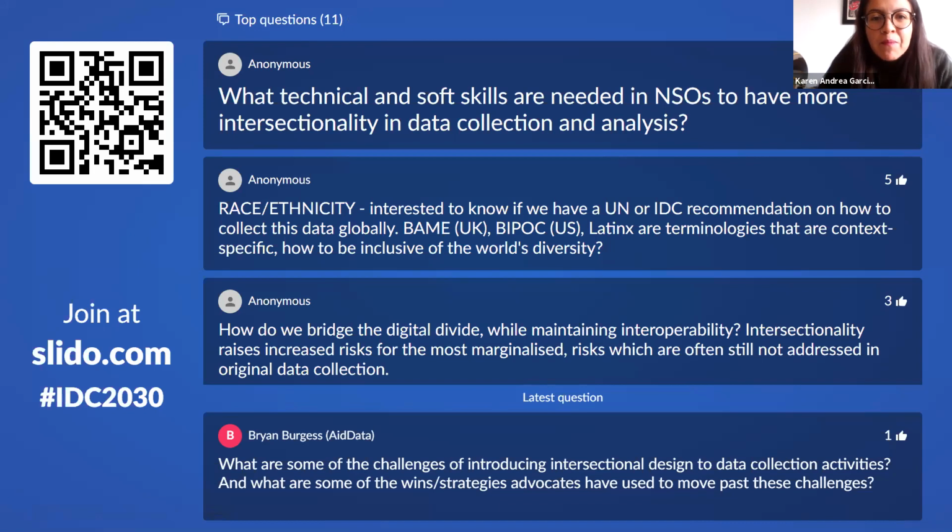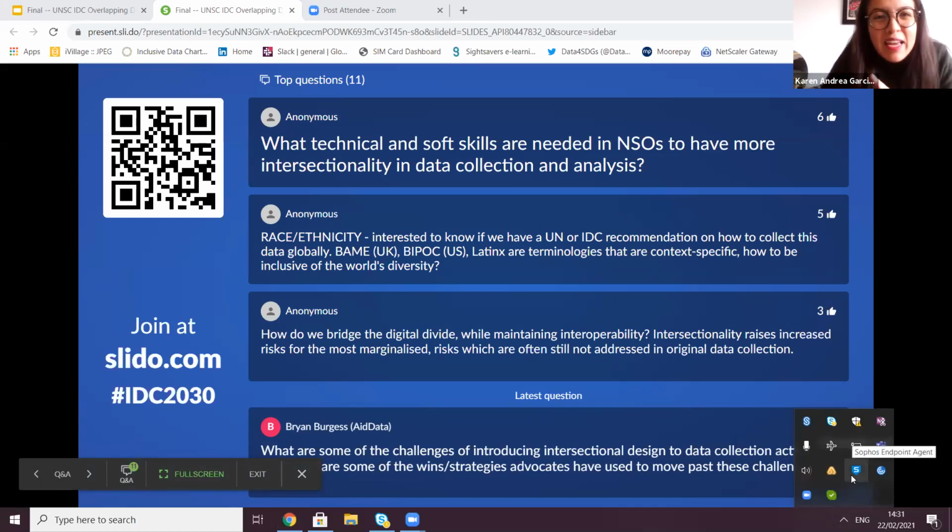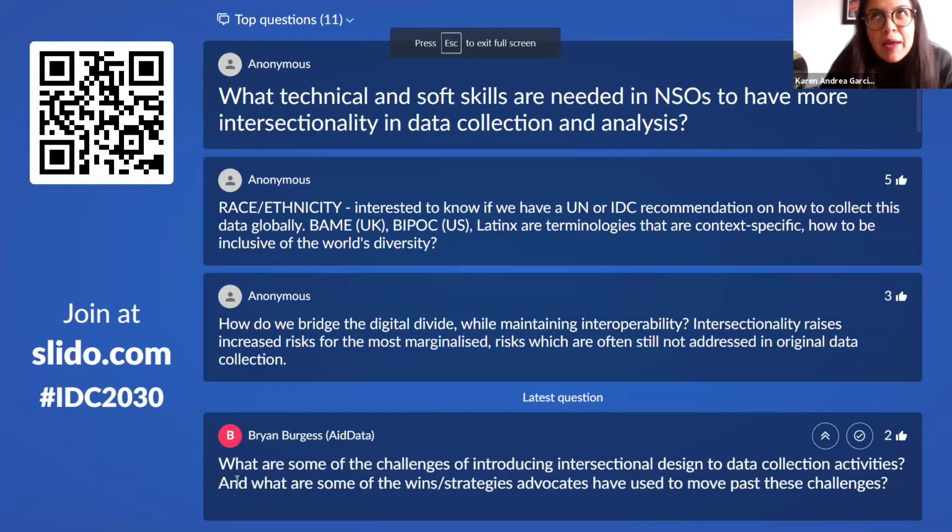So as technical skills, I would suggest, for example, to present practical examples of how may look tables and bars and graphs that in fact are being presented in order to show gaps and to show differences without reinforcing stereotypes.